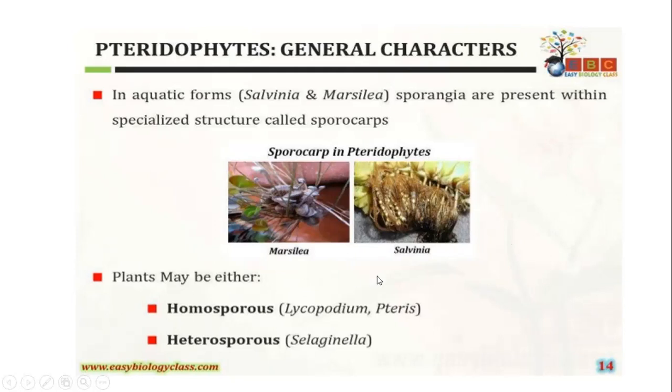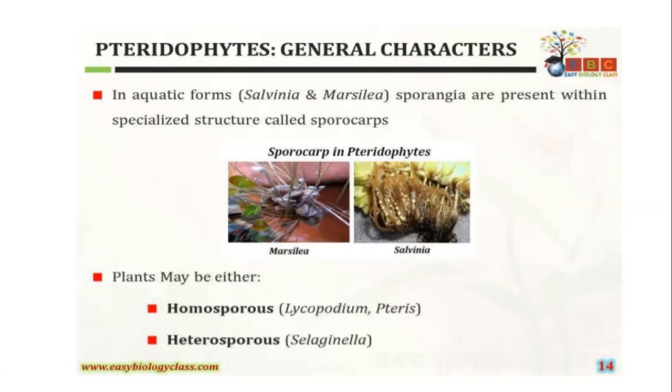Now, depending upon the development of the spores, the plants can either be termed homosporous plants or heterosporous plants. Lycopodium and Pteris are examples where the spores are of homosporous type, that is, the sporangia are producing only one type of spores.